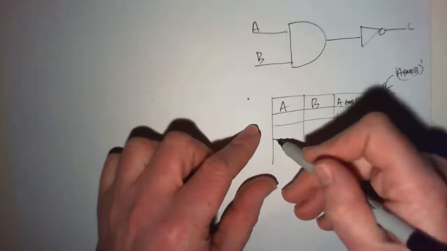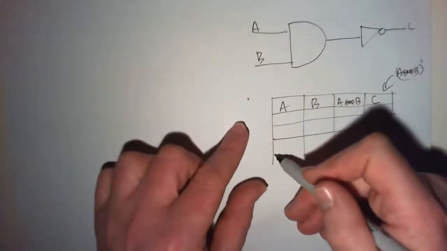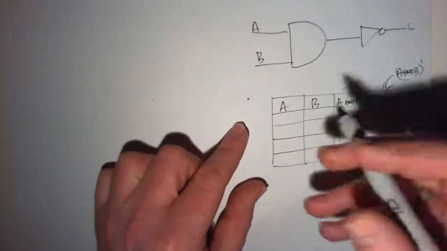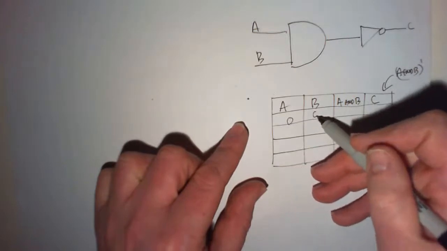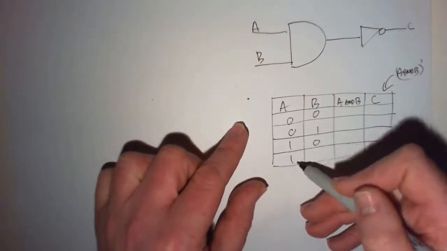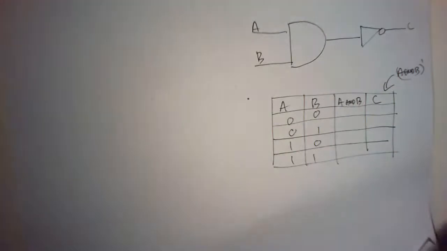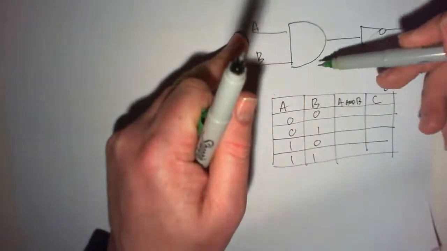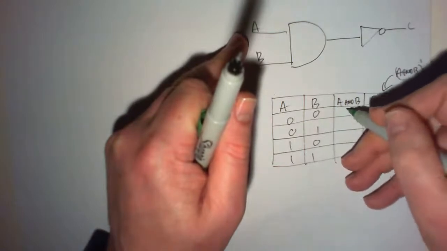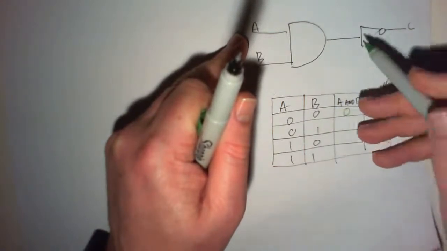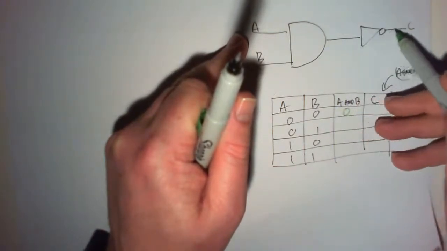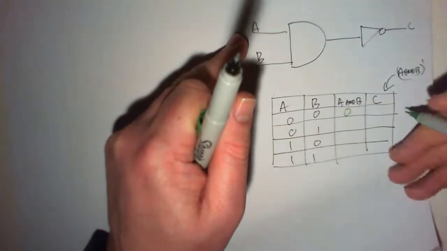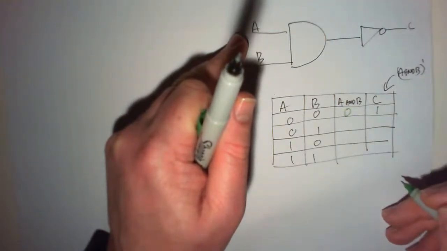Let's see how we generate this. We'll generate it our usual ways. If we've only 2 inputs, there's only going to be 4 possibilities, isn't there? It's going to be either 0 and 0, 0 and 1, 1 and 0, and 1 and 1. So let's see what happens. If I put a 0 and a 0 in there, what does an AND tell me about a 0 and 0? A and B will also be 0. And if we put a 0 through a NOT gate, what do we generate? A 1.